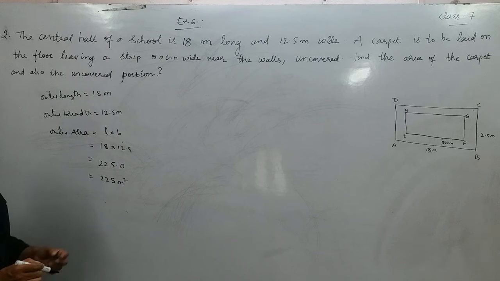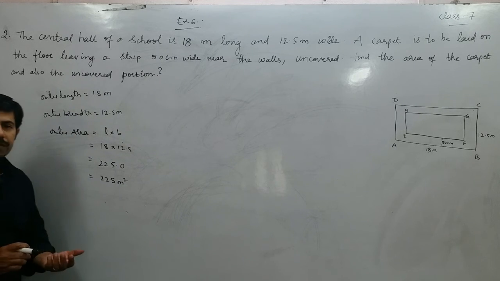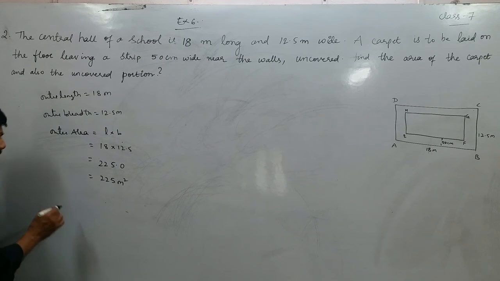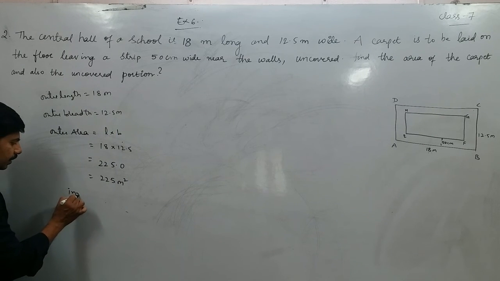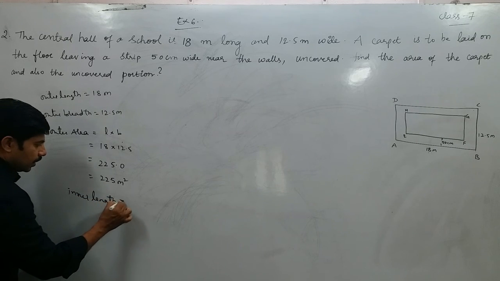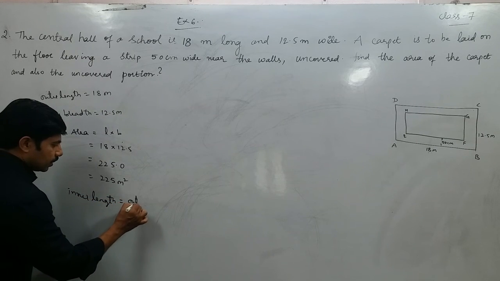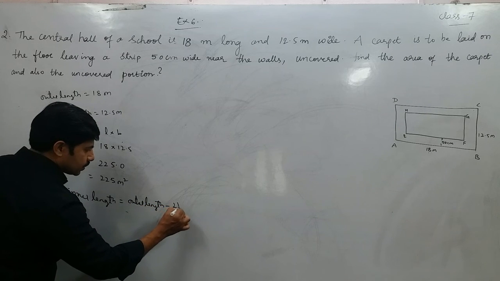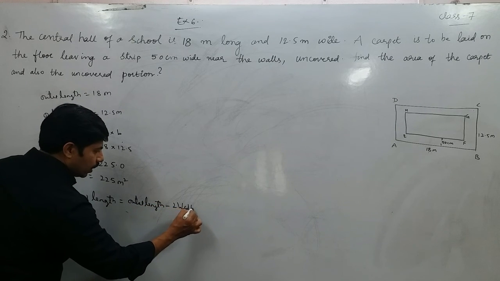Now what I will do is I will find out the area of carpet. In order to find the area of carpet, I need to find out the length of the carpet and the breadth of the carpet. So it is inner length. What is inner length? Inner length is nothing but the outer length minus 2 width. Why we are doing minus?